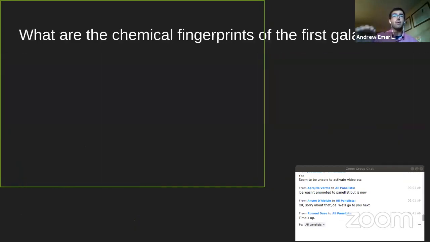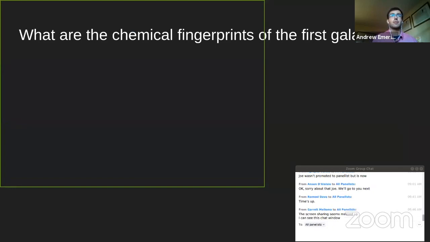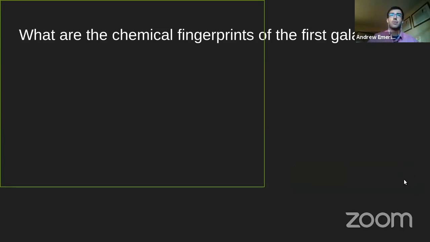So my main motivation for carrying out the simulations I'm going to introduce to you is a bit of a departure, I think, from what most people have talked about so far at this conference. I'm mostly interested in trying to understand what the detailed chemical fingerprints are of the very first galaxies in the universe, and how we can possibly understand the origin of those fingerprints and how they map to observed stellar abundance patterns in galaxies in the local universe.